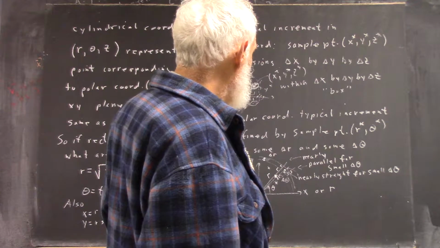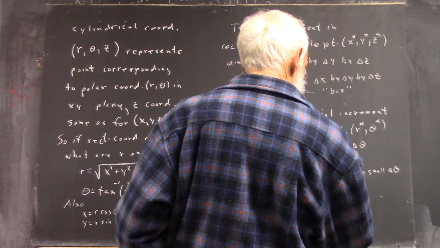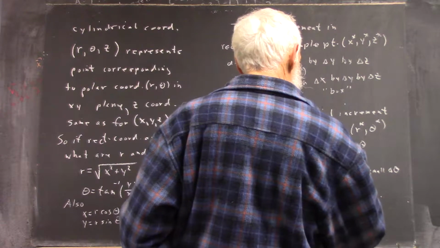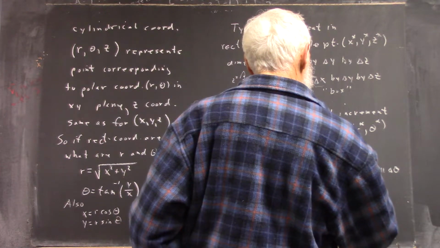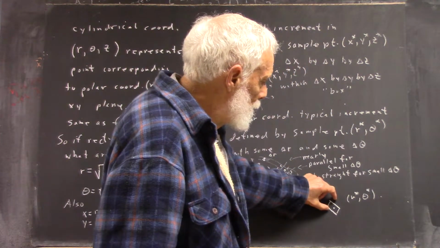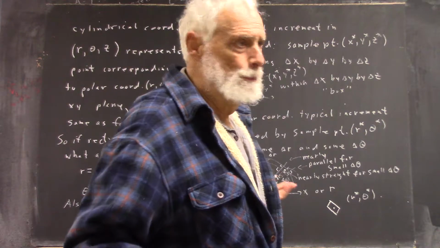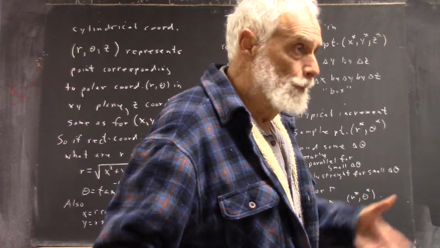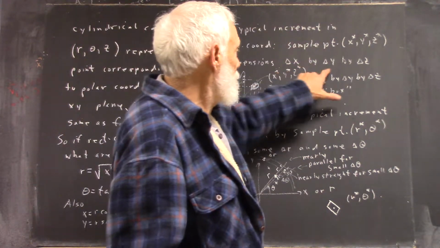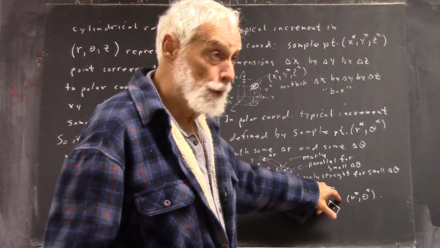Okay? So my question is, here's r star, theta star. Here's 2 arcs that are small enough that they appear, for all practical purposes, to be straight. In other words, in every integral we're going to let these dimensions all approach 0, right? So as they approach 0, this thing gets as straight as you want it.